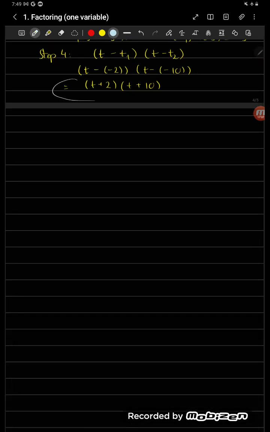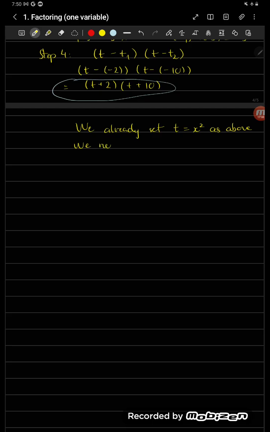And after we find the factorization for t, now you need to return to x squared, right? Because we already set t equal to x squared as above. So we need to return to x.